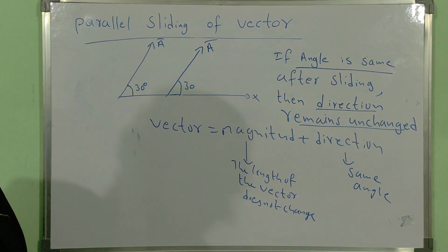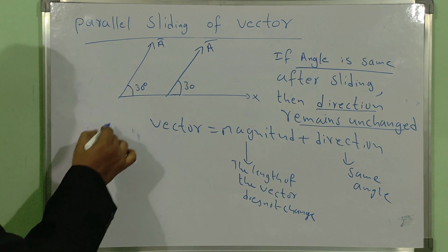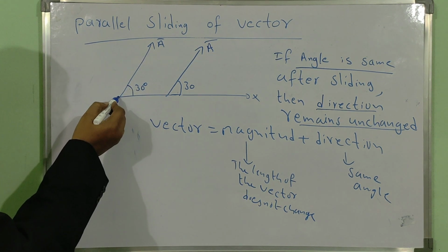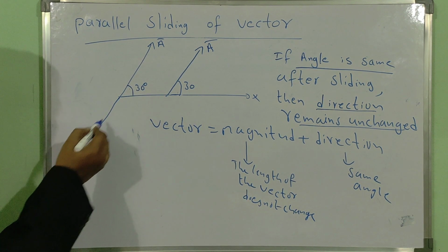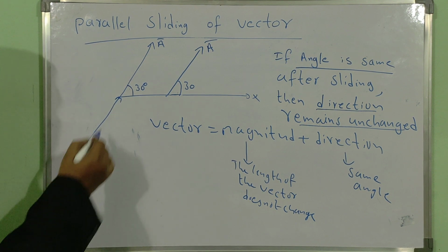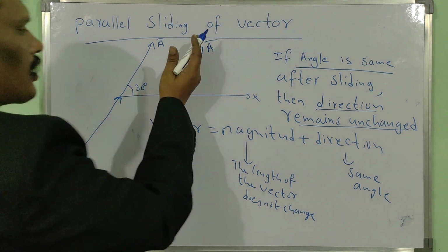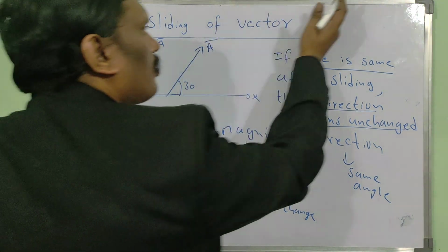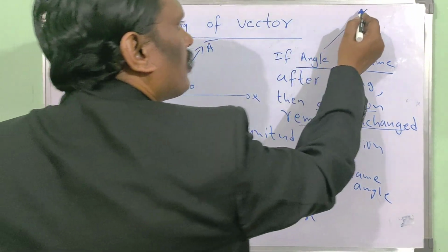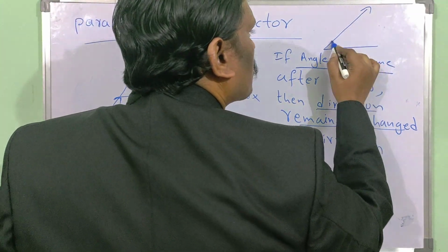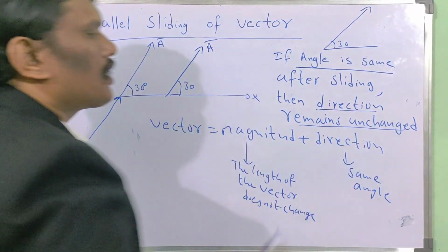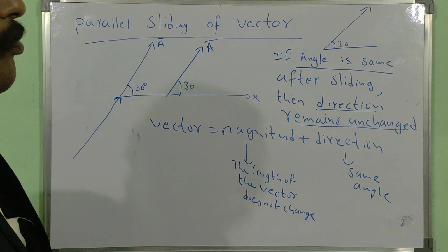You can slide the vector from one position to another position. Suppose I want to slide this vector from this position to this position. Slide it, no problem. This vector I need to slide from this position to here. Suppose this is also making some angle, just leave it. No problem.